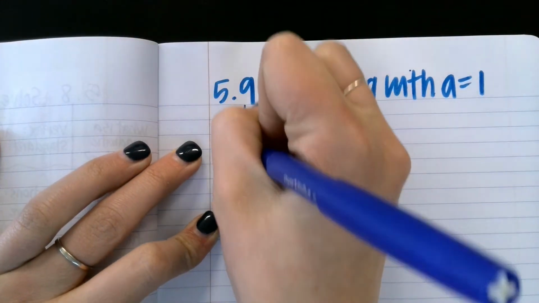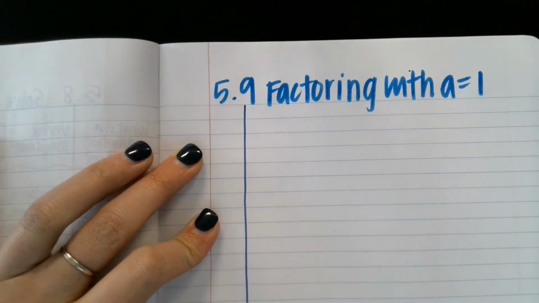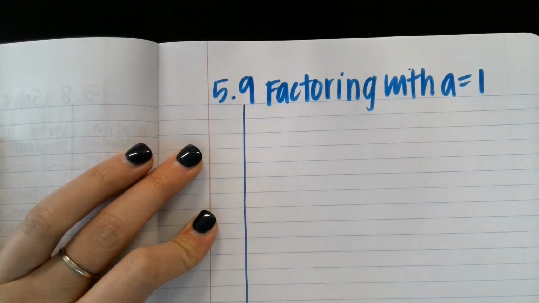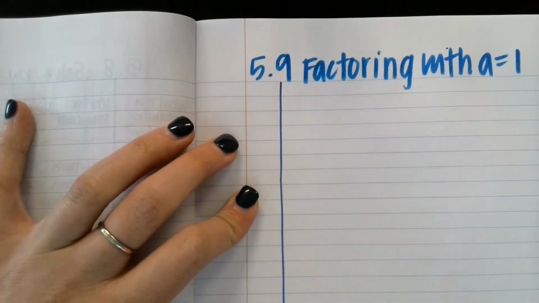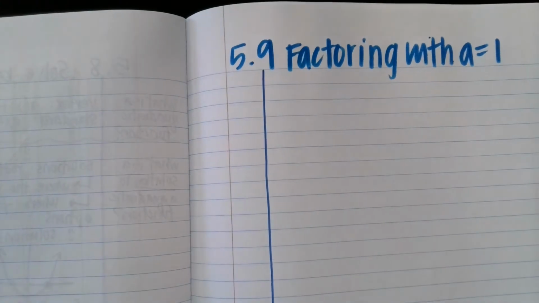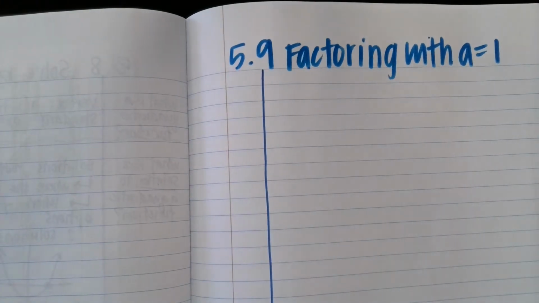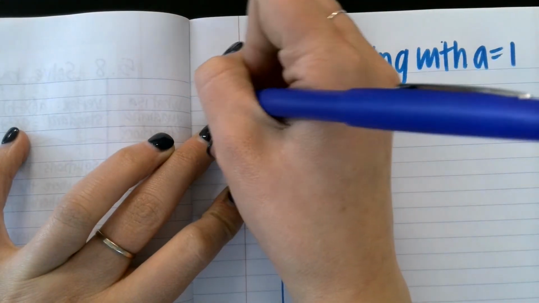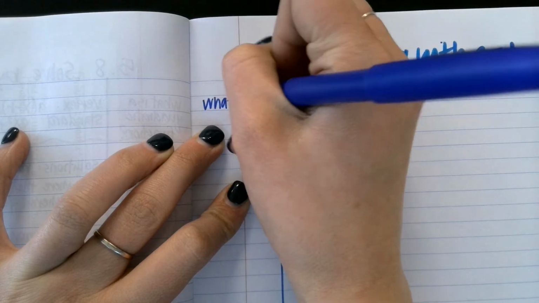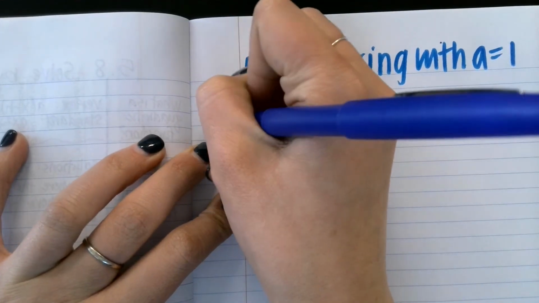Draw your line going down and your line across to set up your Cornell notes. And the very first question that we're going to write on the left side is, what is a factor?